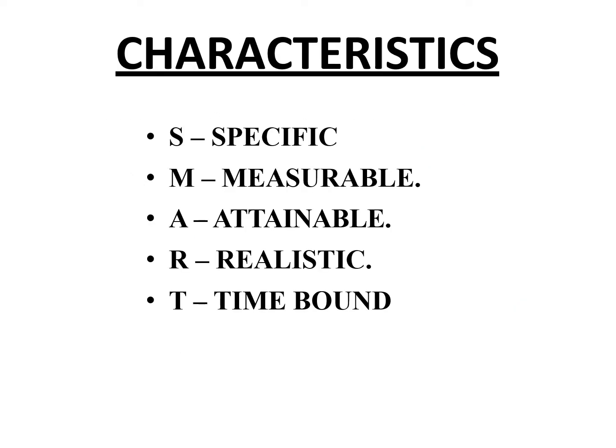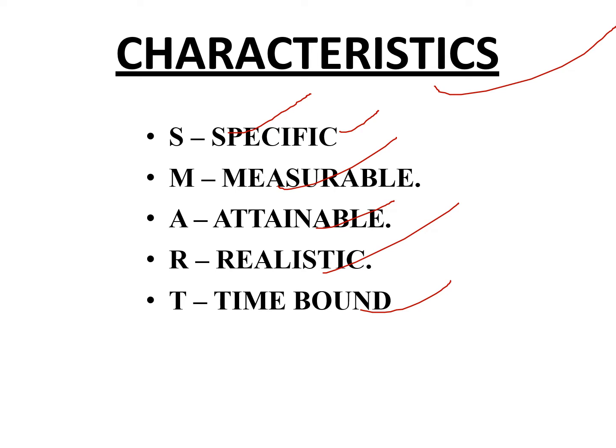Next, when you formulate the research objective, you should know some characteristics that need to be fulfilled. So what are the characteristics? The objectives you write should be specific, measurable, attainable, realistic, and time bound. Specific means you write exactly what you want to achieve at the end of the study.